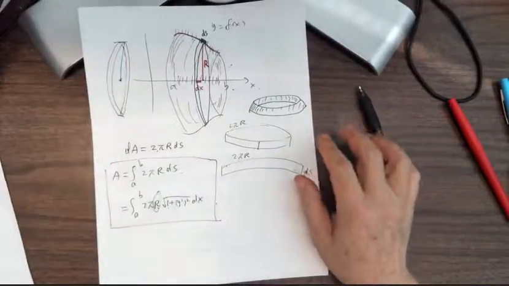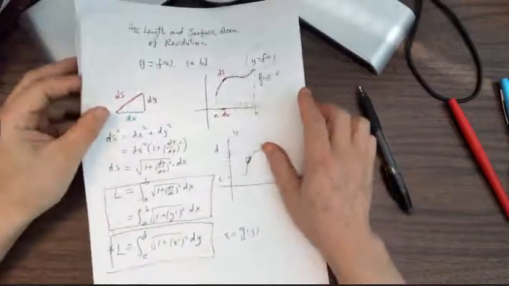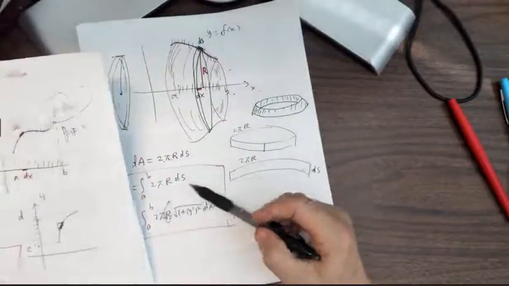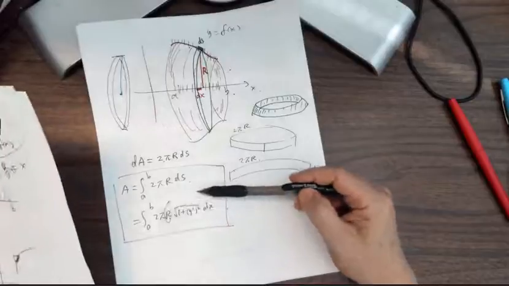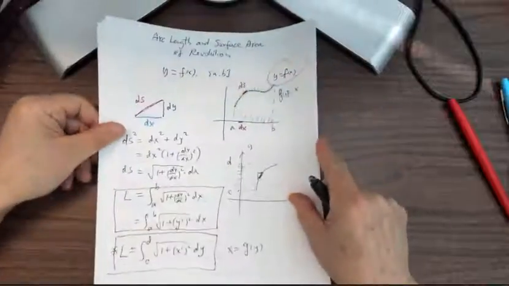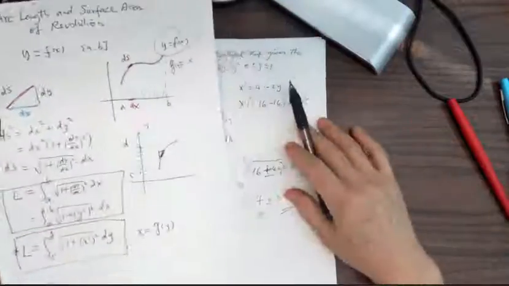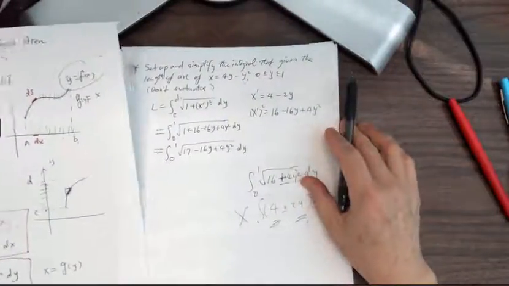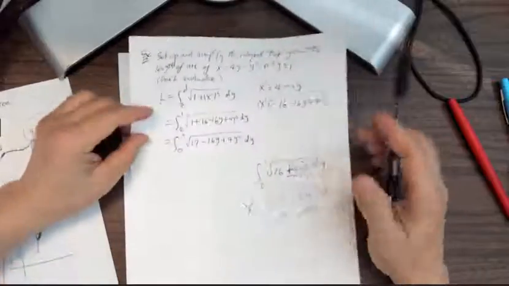Alright, so in this section we don't do any problem related to surface area of a revolution. The problems we are responsible for are similar to the examples I showed you.